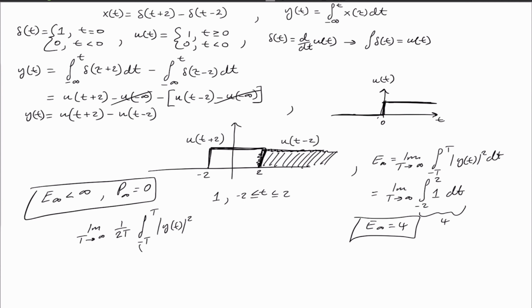This we know evaluates out to be, in this case, if we change these to -2 and 2, this is going to be 4. And thus we see that 1 divided by, in this case 4, would be 2 over t. And as t approaches infinity, this goes to 0. Might move a little bit fast, but in this case, that is why the average power is equal to 0.